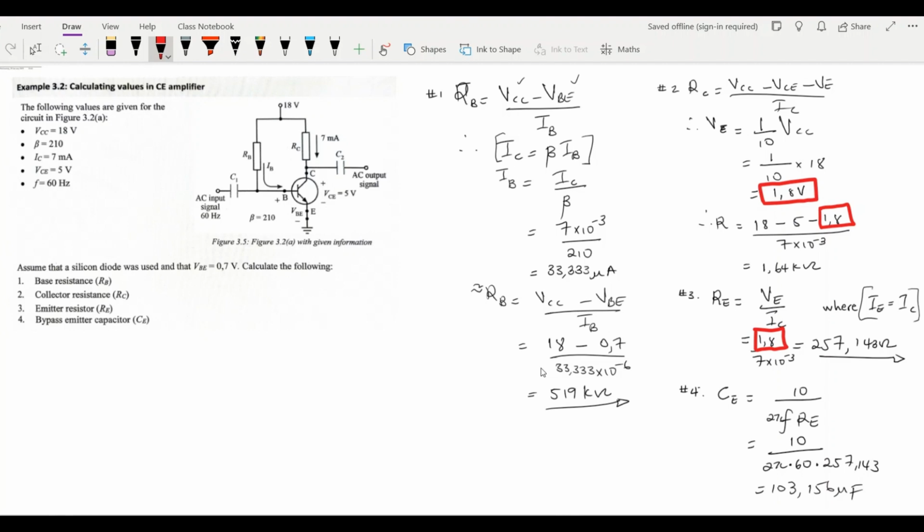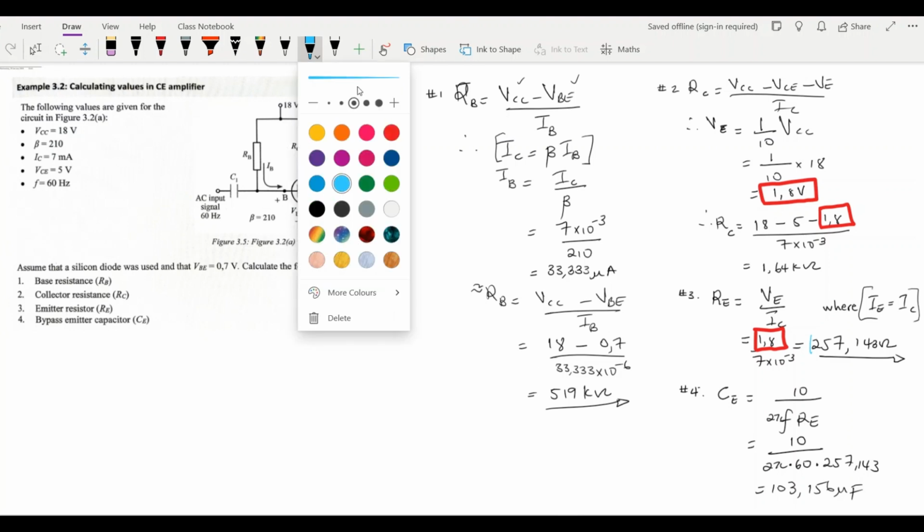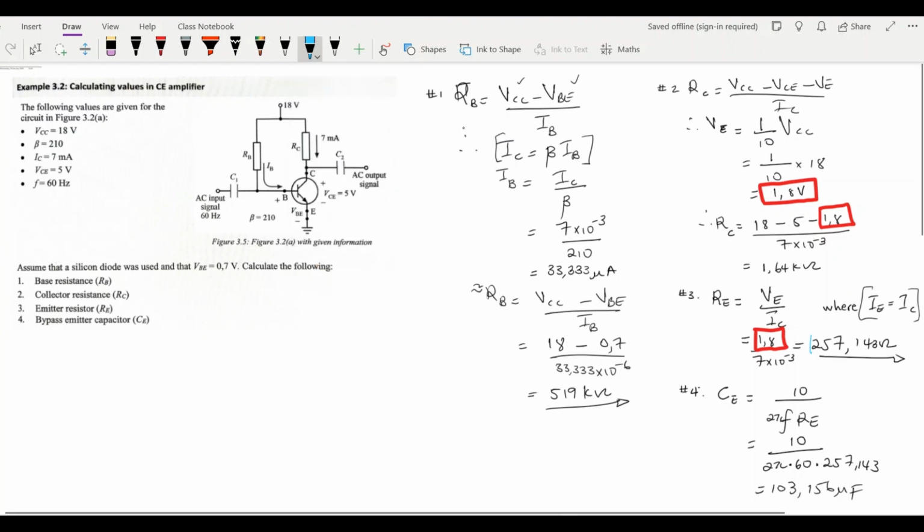Can you see that? Right. Splendid. This is RC. Now, let us look at the value of RE. The value of RE is obtained here, and the same value of RE is therefore used there.